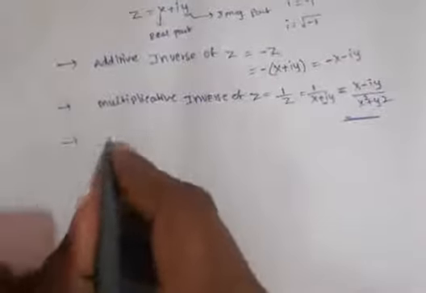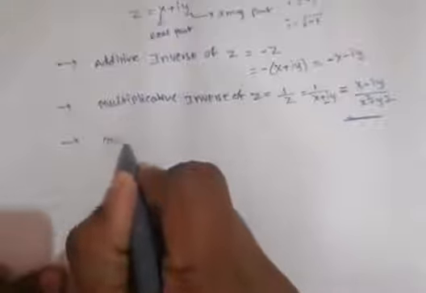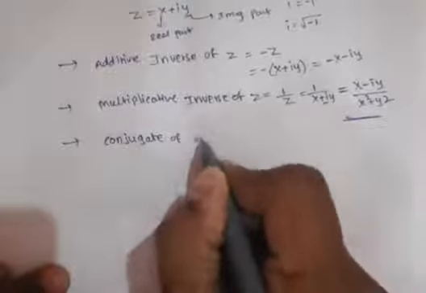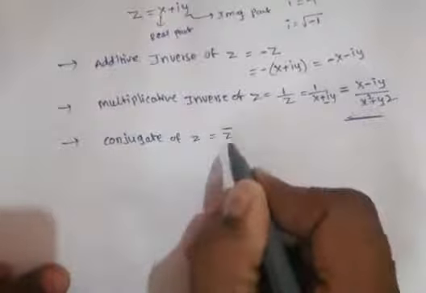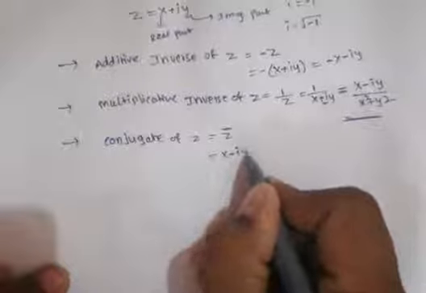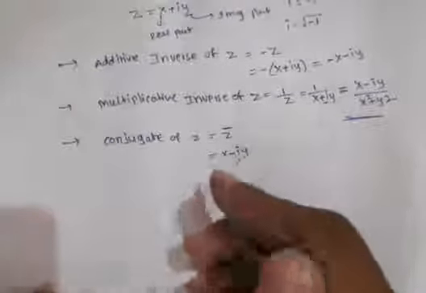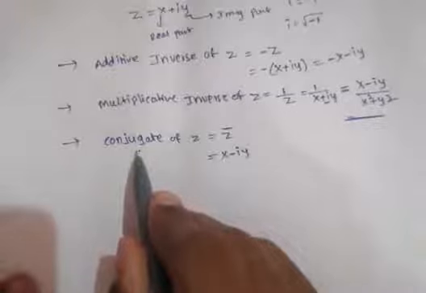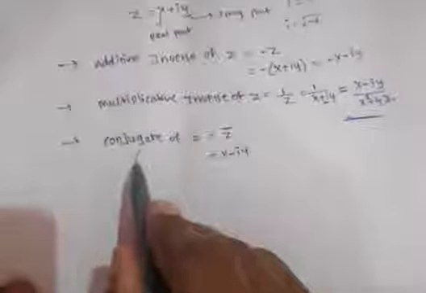Similarly, the third point we will discuss is the conjugate of z, which is z bar. z bar means x minus iy. To find the conjugate, i is replaced by minus i.